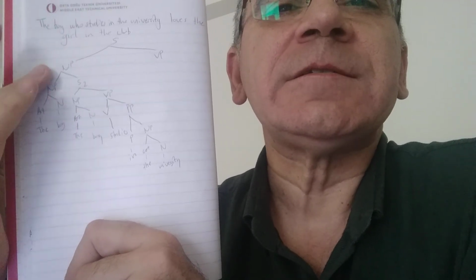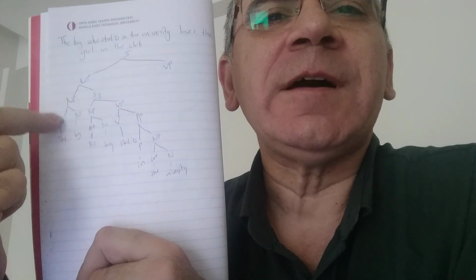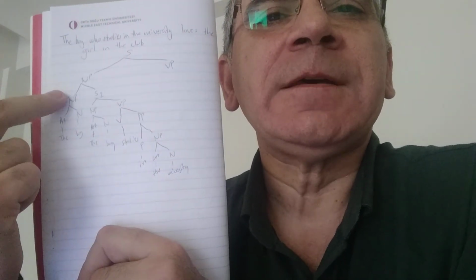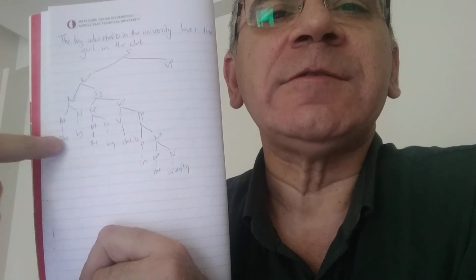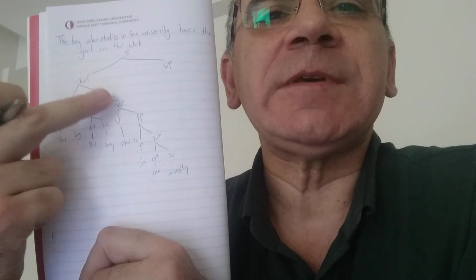Noun phrase. The top sentence. The boy who studies in the university loves the girl in the club. Noun phrase and verb phrase. Noun phrase part: noun phrase and second sentence. And in the noun phrase part, we have article and noun, the boy. In the second sentence, we have noun phrase, verb phrase. Noun phrase is the boy. Verb phrase is verb, studies.